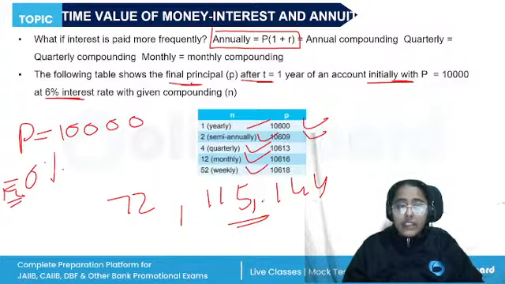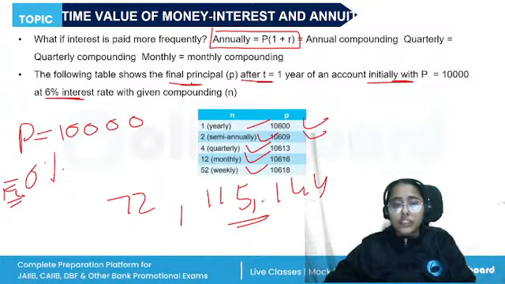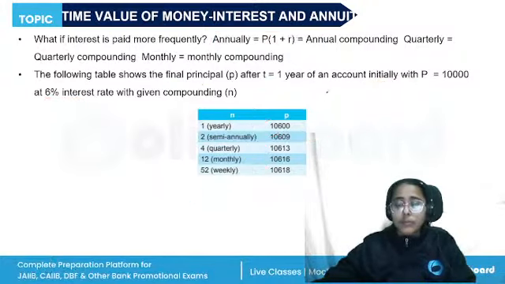Alright. For illustration, let's say we borrowed a sum of 1,000 rupees at 6% interest. We will just write it down: a sum of rupees 1,000, and the interest rate is 6%.